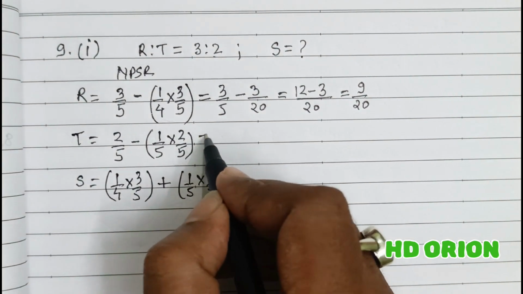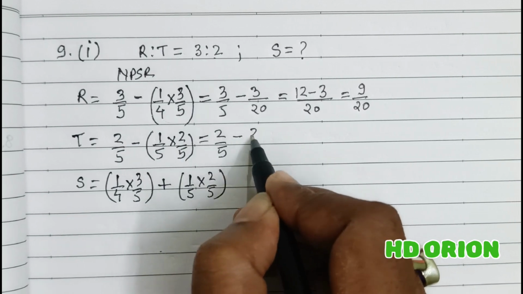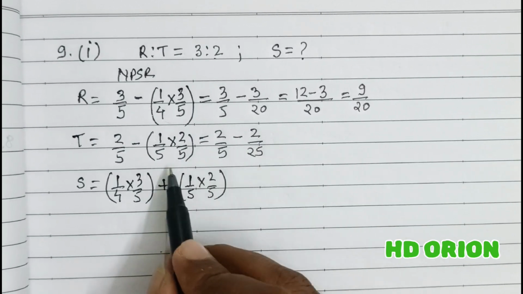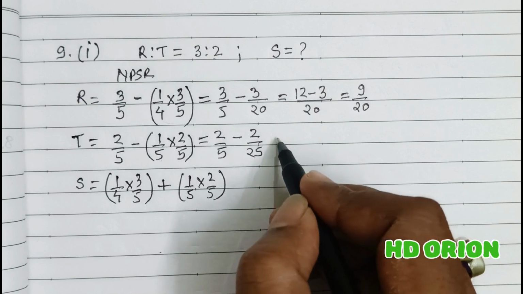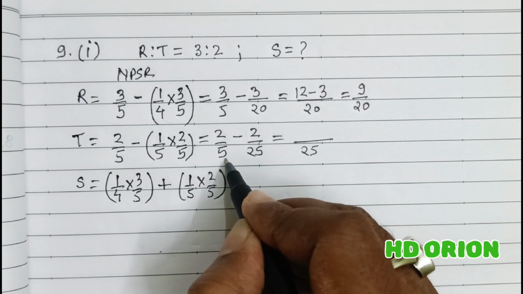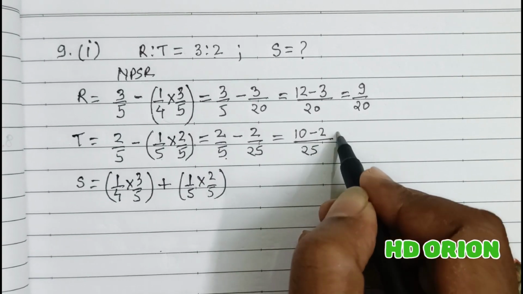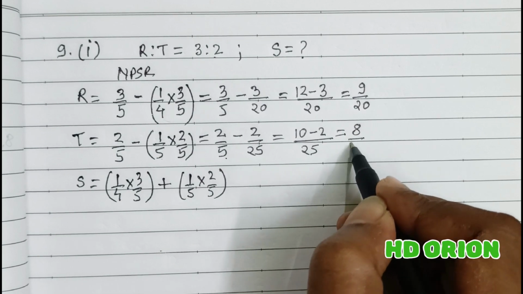Then for T, it is 2/5 minus 2/25. See here, 2/25. LCM will be 25. 25 divided by 5 is 5, multiplied by 2 is 10, minus 2, which is equal to 8/25.